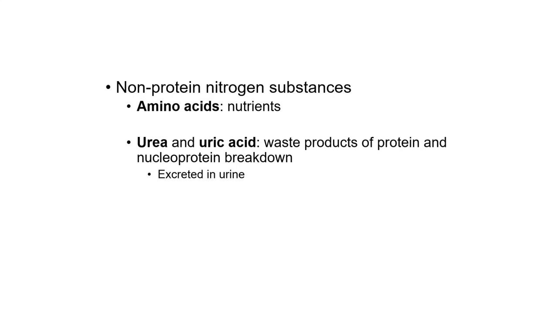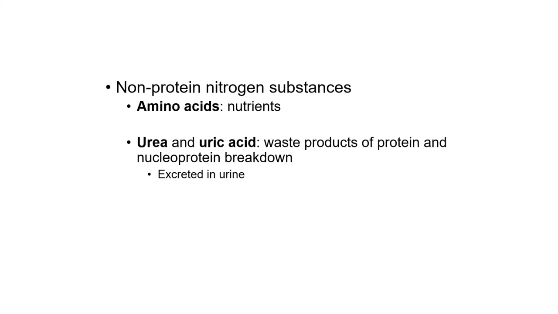The plasma also transports nutrients absorbed by the digestive tract, including glucose, amino acids, fats, cholesterol, and phospholipids, vitamins, and minerals. It transports dissolved oxygen, carbon dioxide, and nitrogen. The dissolved nitrogen normally has no physiological role in the body.